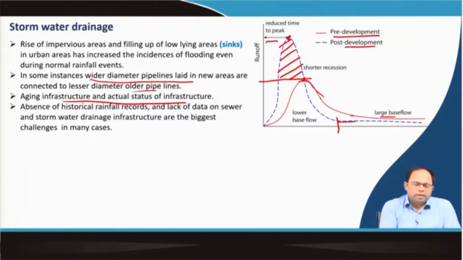And then in Indian urban areas, there are other problems that we face: historical rainfall records are sometimes not available, and there is a lack of data on the sewer and the storm drainage infrastructure, so this data unavailability also becomes a big challenge whenever we plan for stormwater drainage in Indian urban areas.